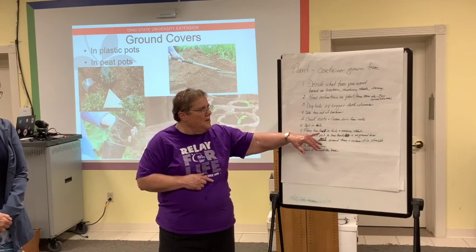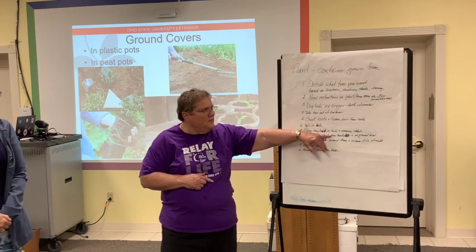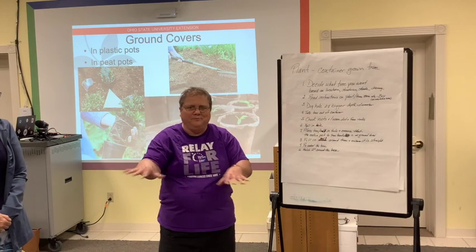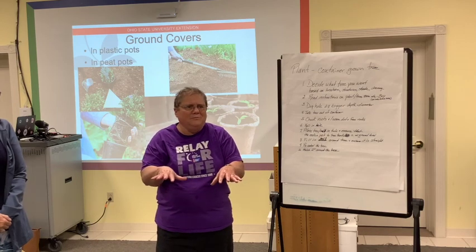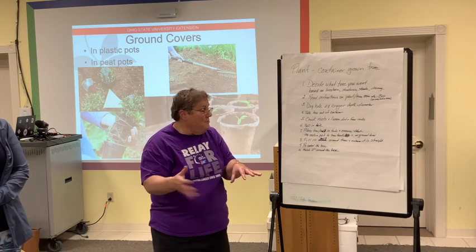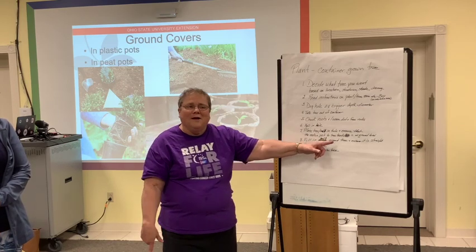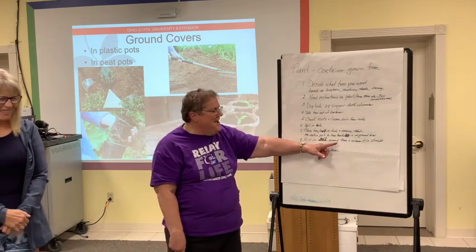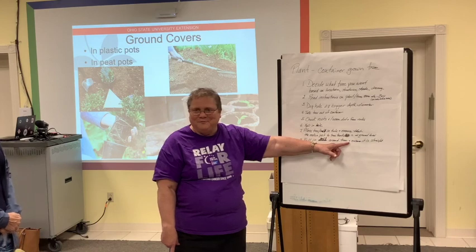And if we made it too deep, make it so that the tree trunk base is at ground level, and then we start covering it up with soil. And make sure that the tree is straight, okay?